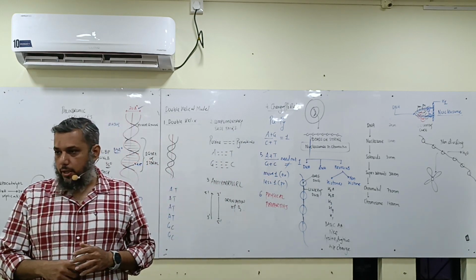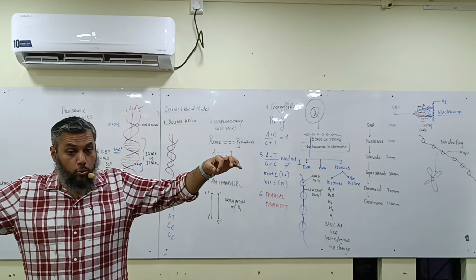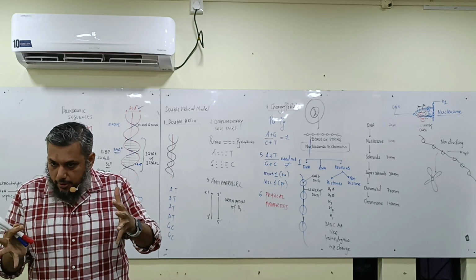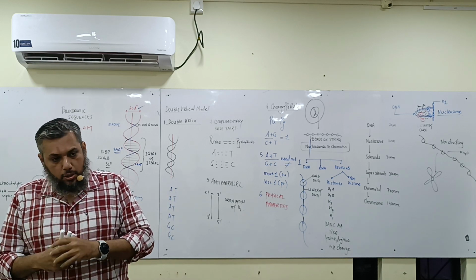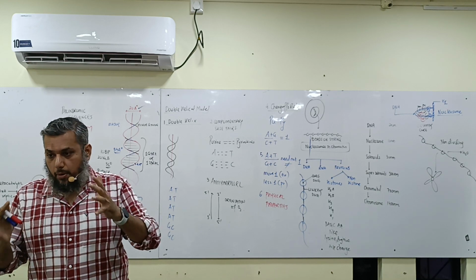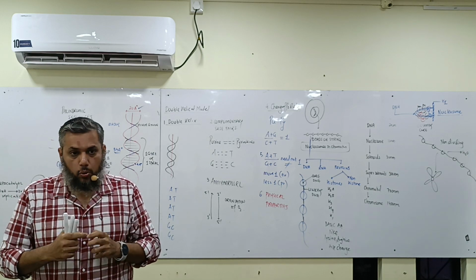I hope you got my point. So individually, how much will the DNA be? 2.2 meters. But as we start compacting it, right? Inside 8 chromosomes you can have a huge amount of DNA because of coiling and supercoiling.